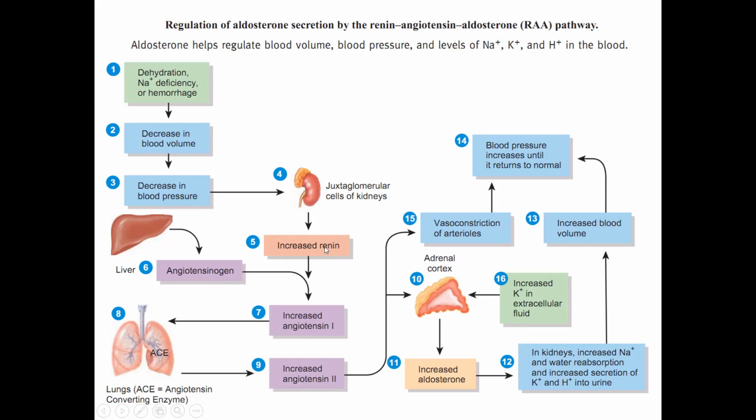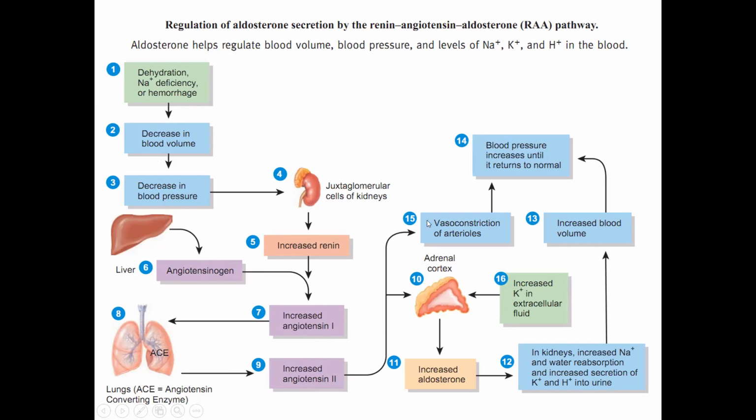Your renin is actually an enzyme. Renin will convert angiotensinogen, a protein produced by your liver, to angiotensin 1. Now, angiotensin 1 will be converted by the angiotensin converting enzyme in the lungs to produce your angiotensin 2.